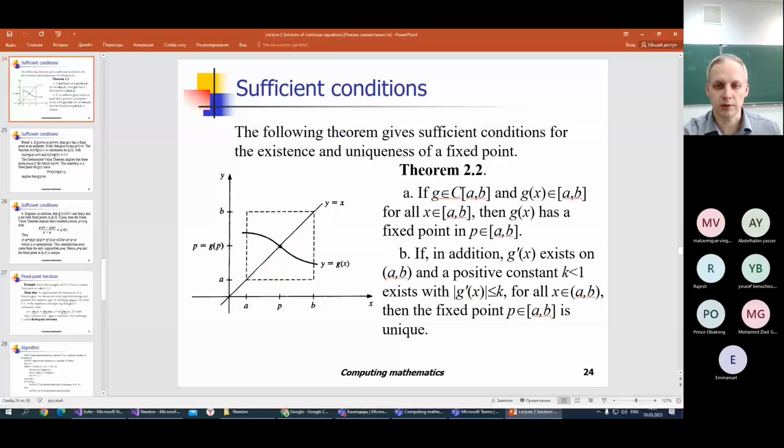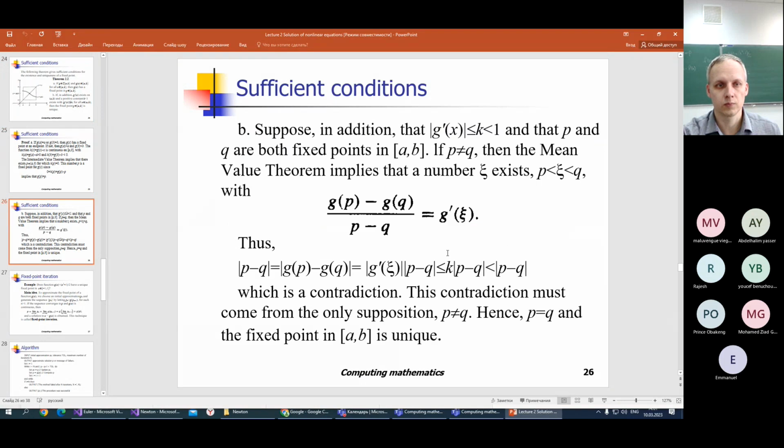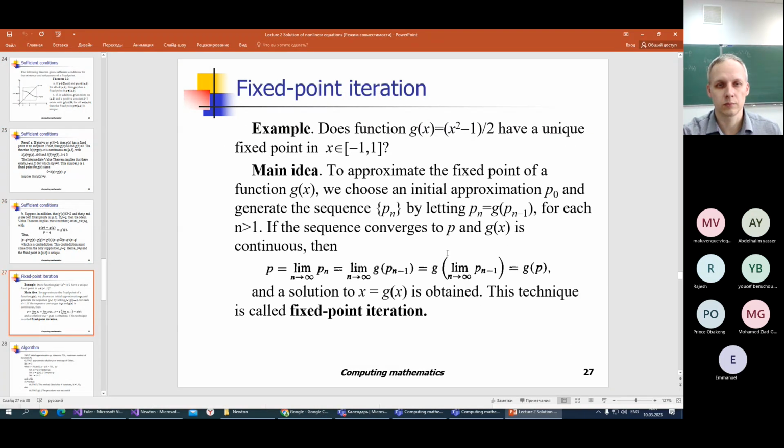Now I share my screen again. We considered the properties of fixed points, and now let's discuss the method: how to find a fixed point of a function numerically.